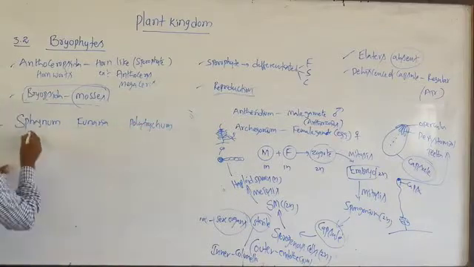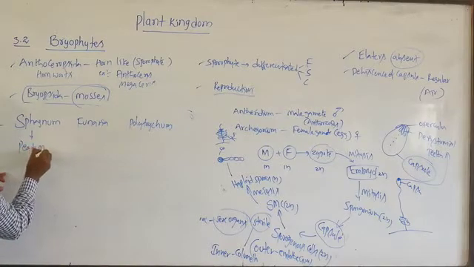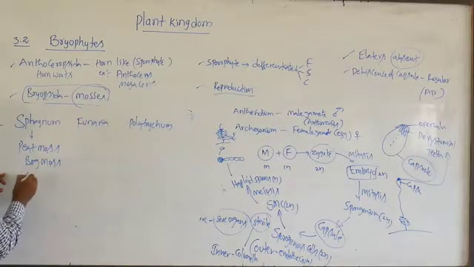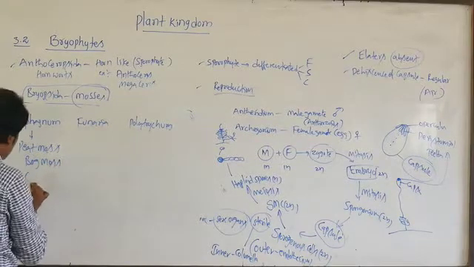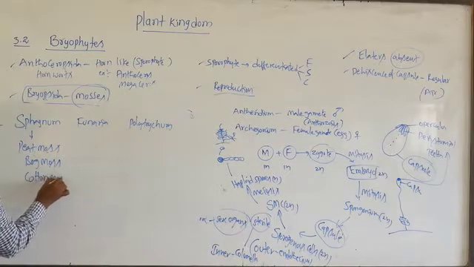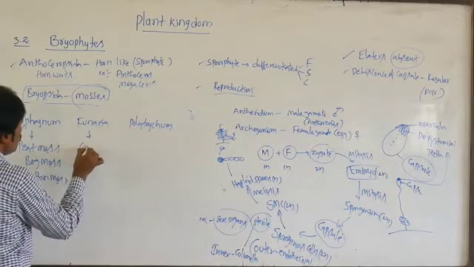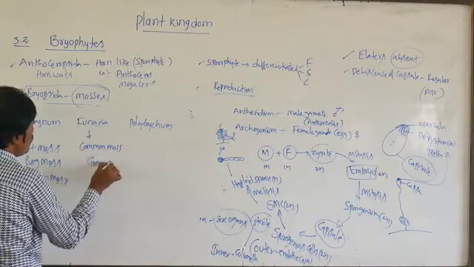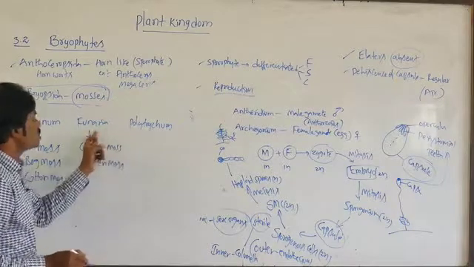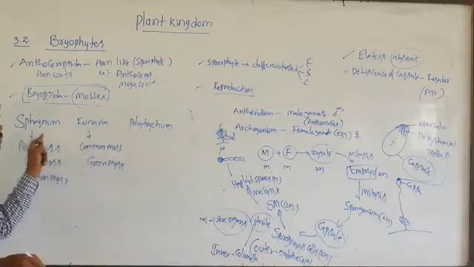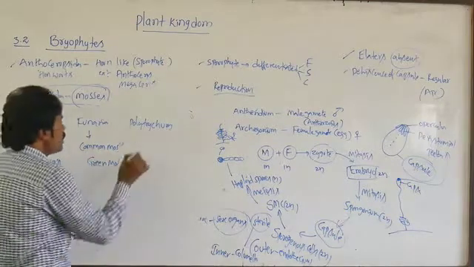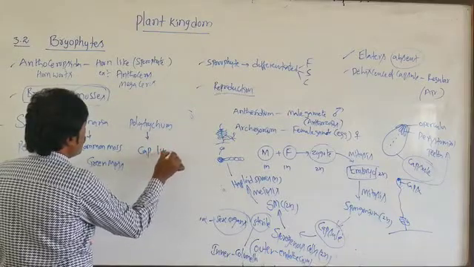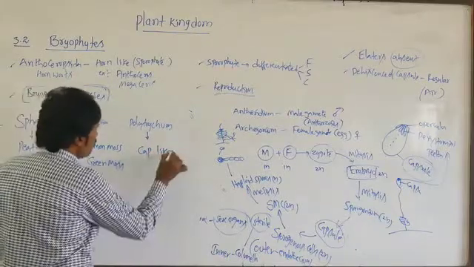Sphagnum we commonly call peat moss, bog moss, or cotton moss. Funaria we call common moss or green moss. In our textbook they have given Funaria as well as Sphagnum. Then Polytrichum we call cap-like moss.